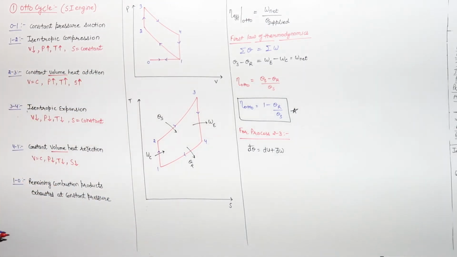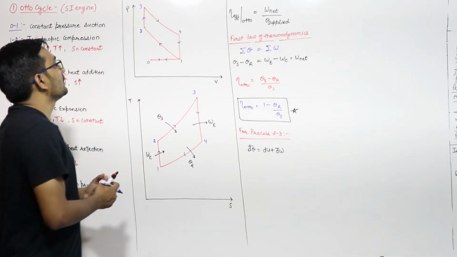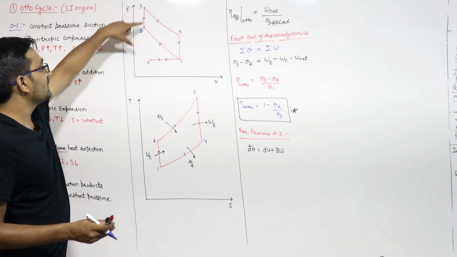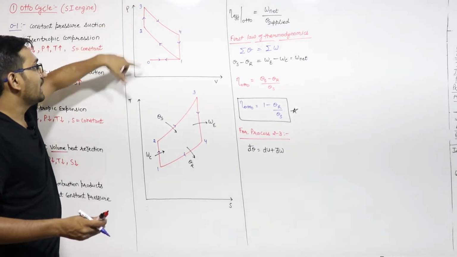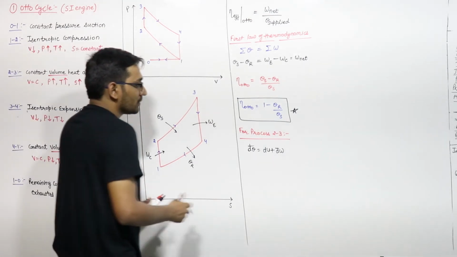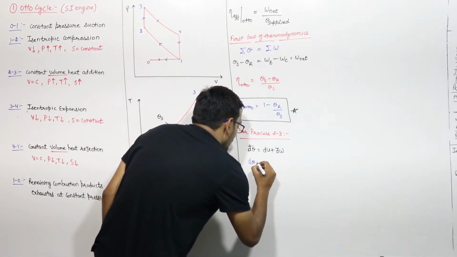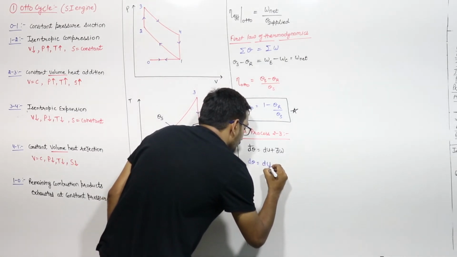This is a constant volume process. Also, this is a heat addition process. You can see from here, 2 to 3 is a constant volume process, so the area under the curve is 0 and the PdV work is 0. So dW is 0, and you can write for this process dQ will be equal to dU.